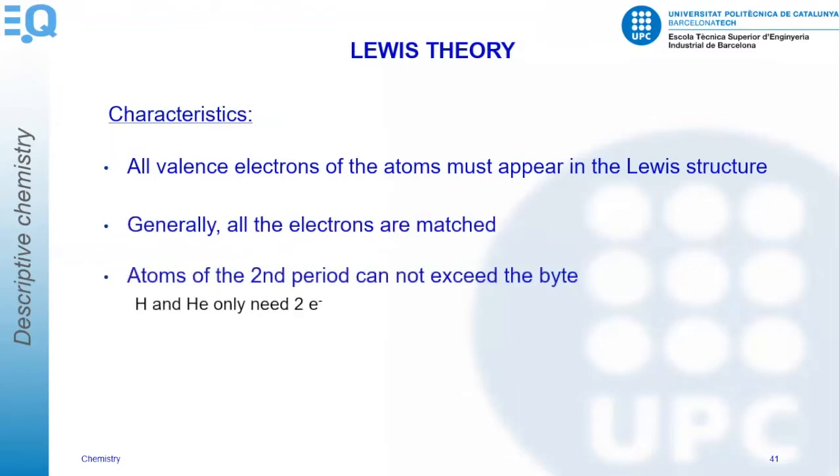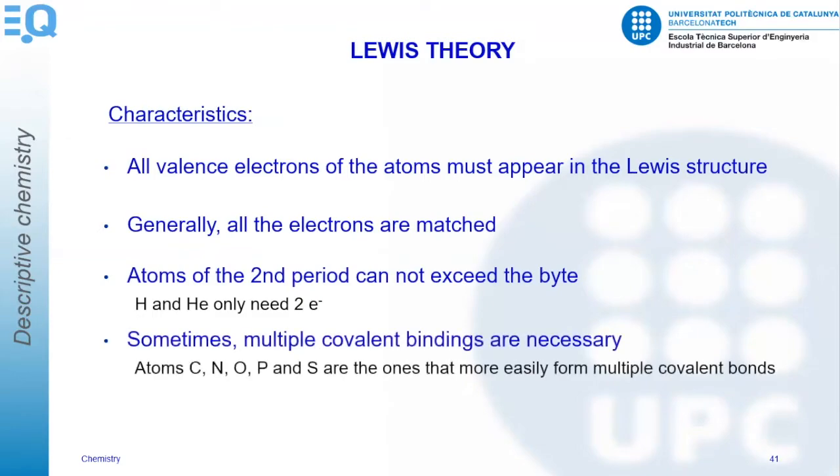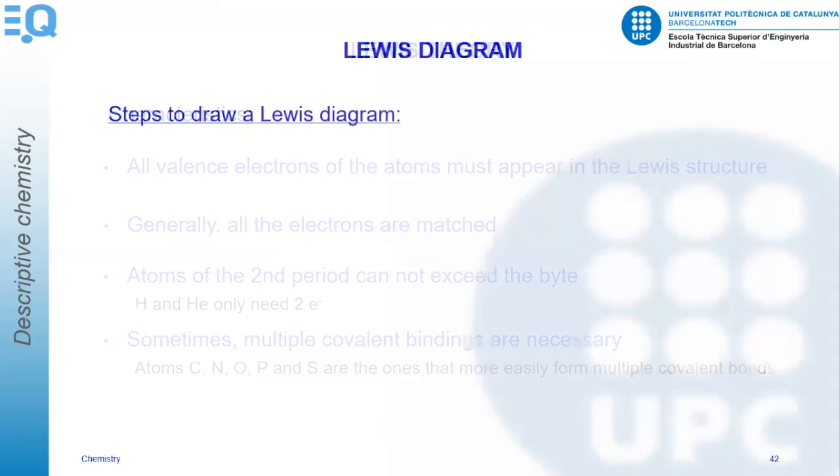Generally, all electrons are matched, and the atoms of the second period cannot exceed the octet. Also, it is important to note that some atoms can form multiple covalent bonds, such as carbon, nitrogen, oxygen, etc.